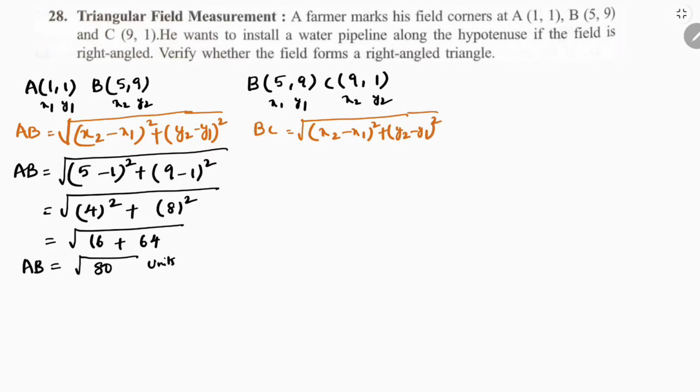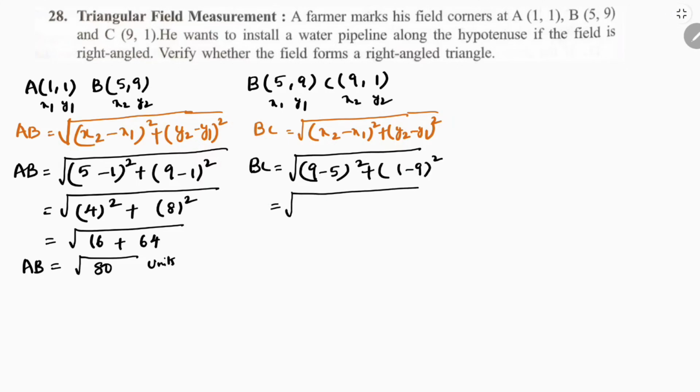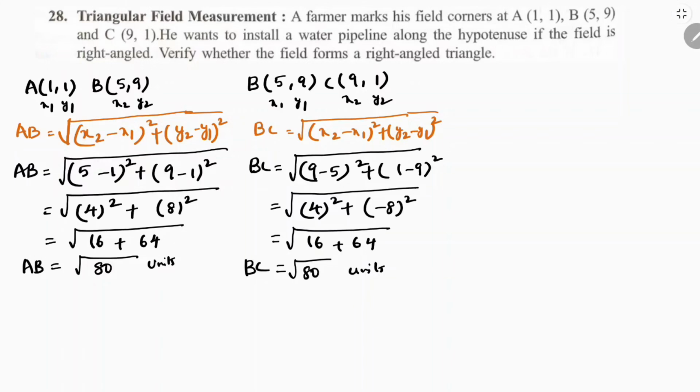So now I'll find the distance BC: under root, 9 minus 5 whole square, plus 1 minus 9 whole square. So 9 minus 5 is 4 square, 1 minus 9 is minus 8 whole square. So it is 16 plus 64, which is nothing but root 80 units. So BC is root 80 units.